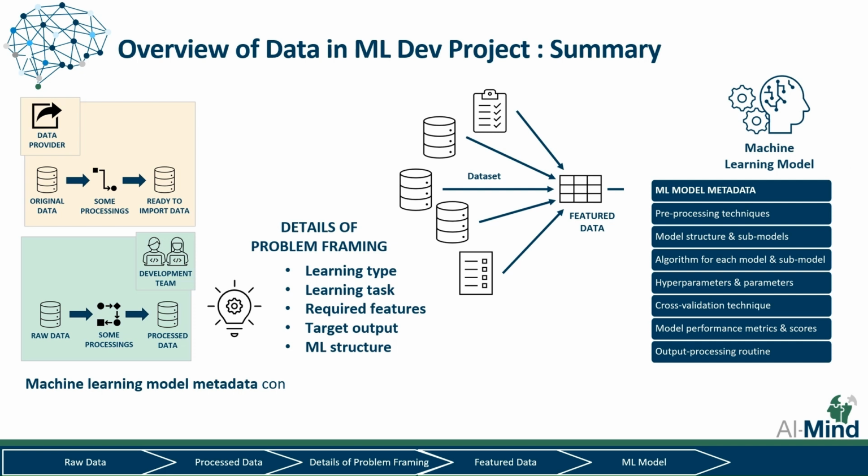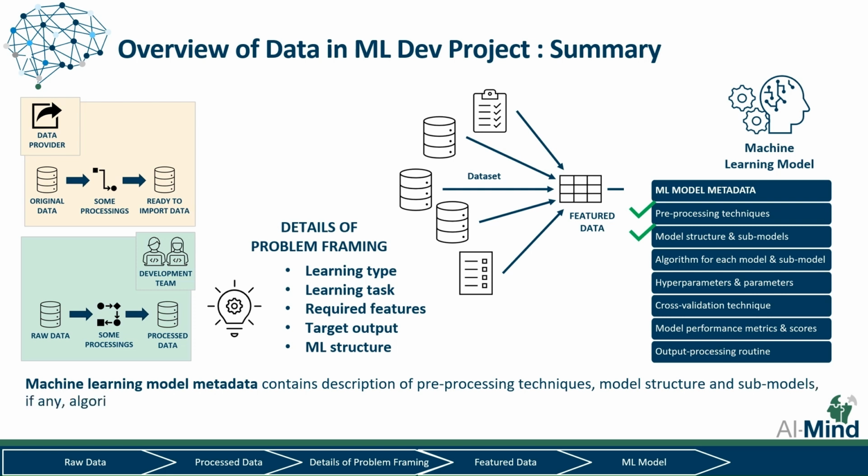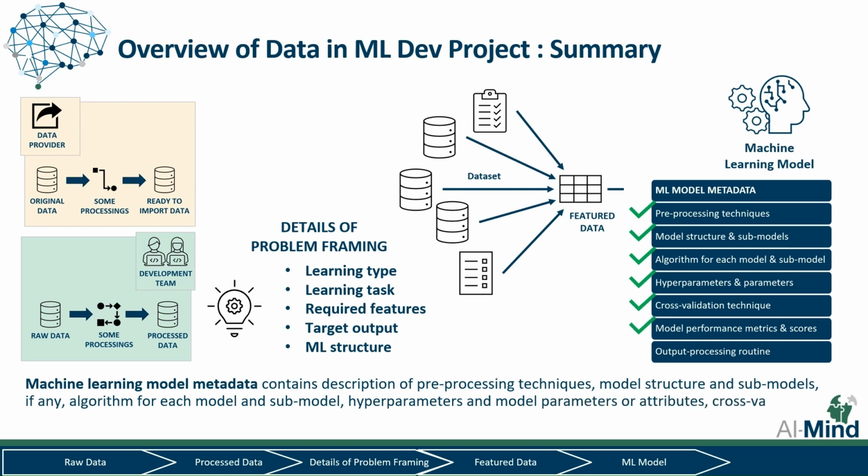Machine learning model metadata contains description of pre-processing techniques, model structure and submodels, algorithm for each model and submodel, hyperparameters and model parameters or attributes, cross-validation technique, model performance metrics and scores, and finally output processing routines.